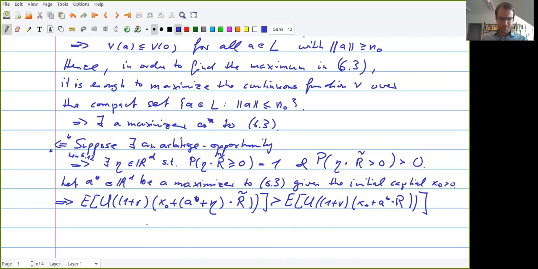Right. Since my u is a utility function, I know it is strictly increasing.